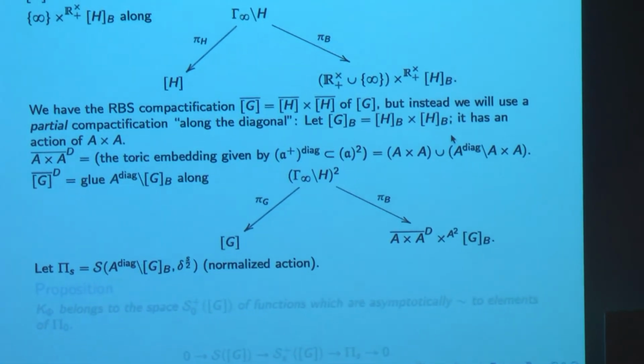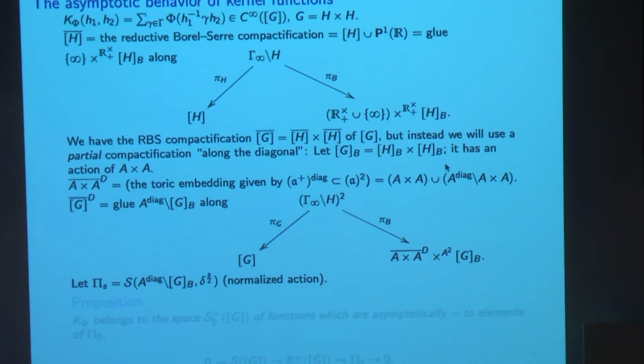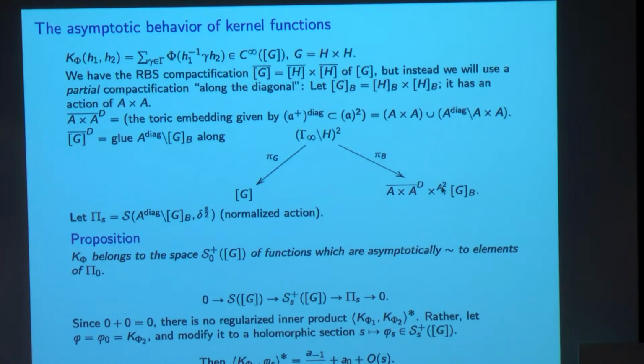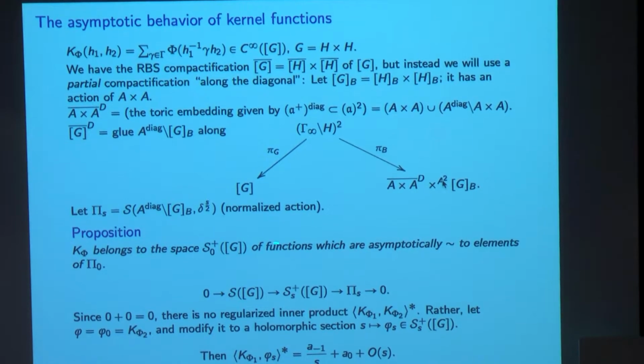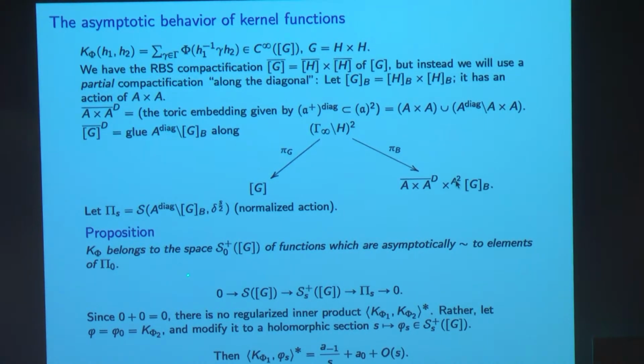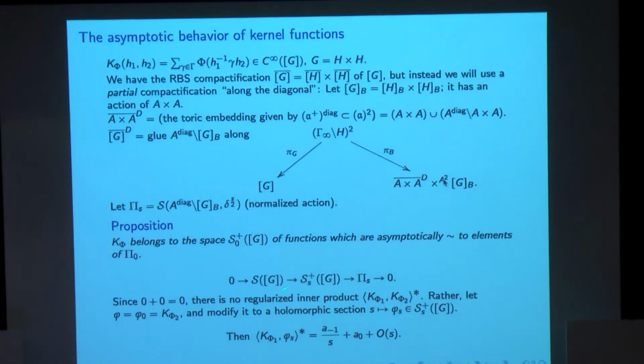and then I say that a function is asymptotically finite. So then here's the proposition: the kernel function belongs to the space of asymptotically finite functions with respect to a certain character, with respect to this compactification.